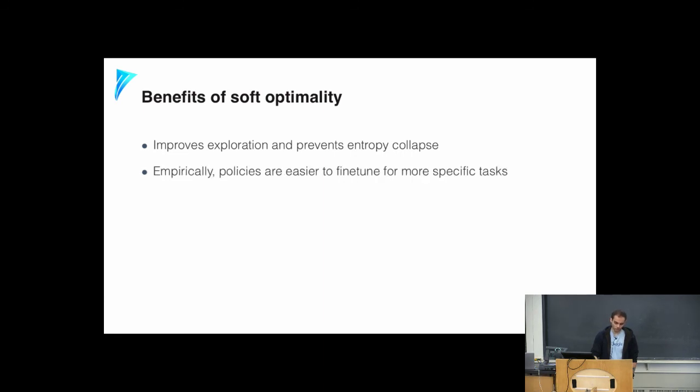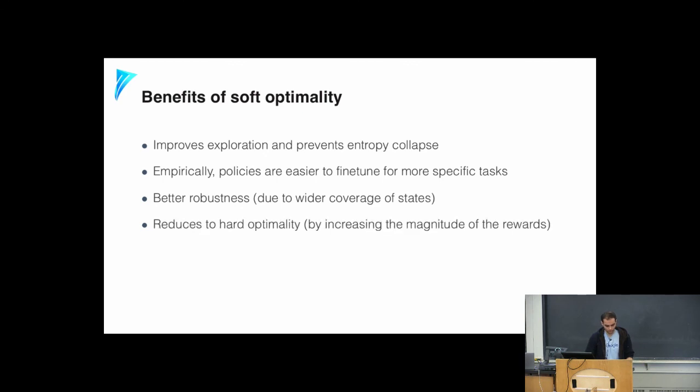It turns out that policies are often easier to fine-tune for more specific tasks. Imagine you had one task and you trained a max entropy policy. Maybe another task would be for the agent to navigate to a slightly different location or accomplish a slightly different thing. Fine-tuning this max entropy policy turns out to be easier. You can look up the details in the papers. It turns out to be more robust.